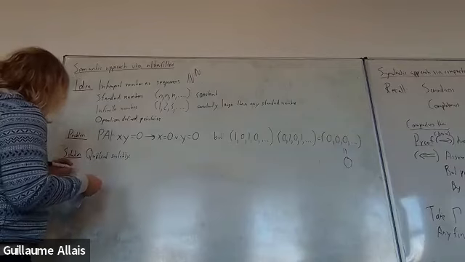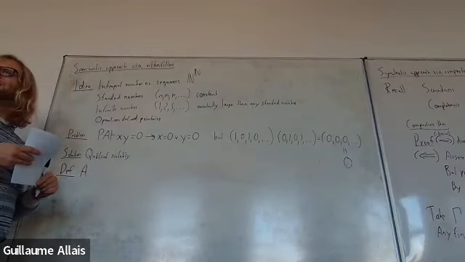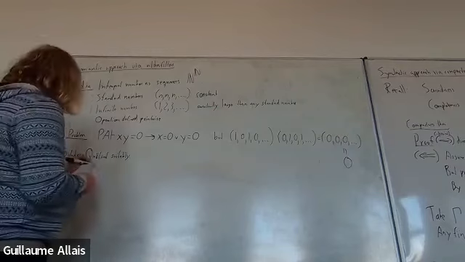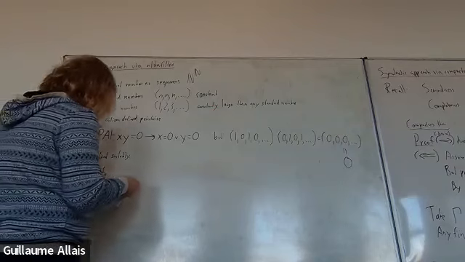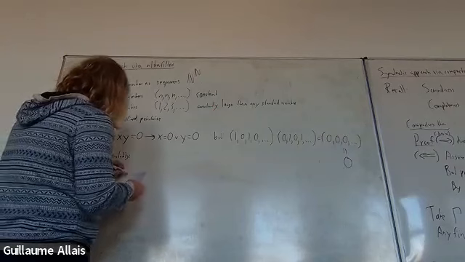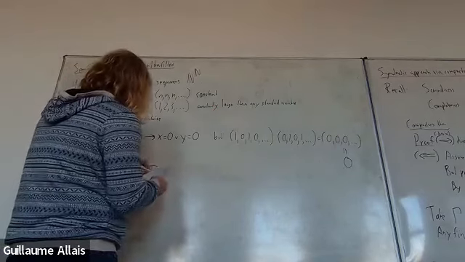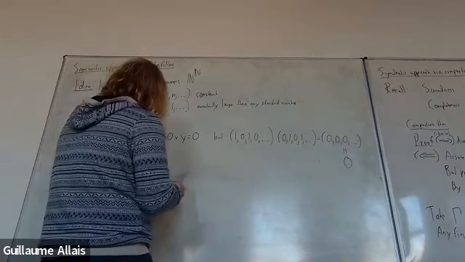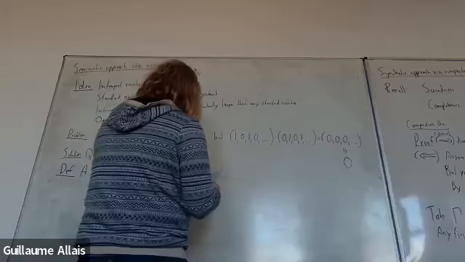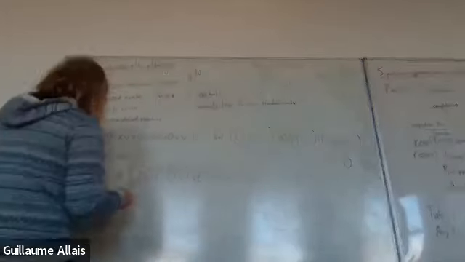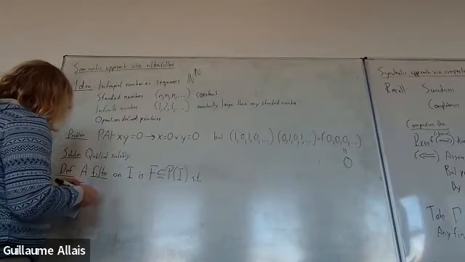So first of all, let me tell you what a filter is. A filter on some set I is a collection of subsets of I such that, first of all, the whole set is in the filter.